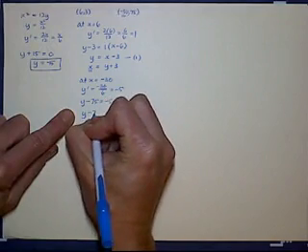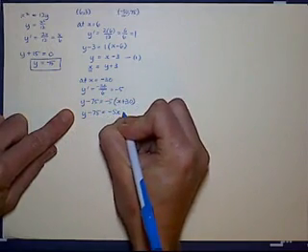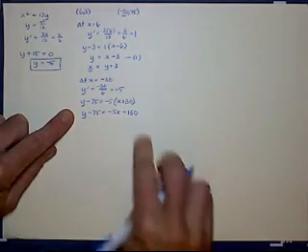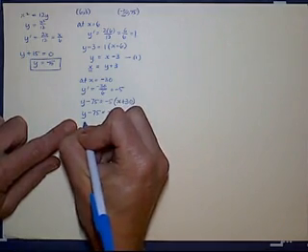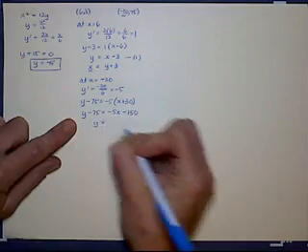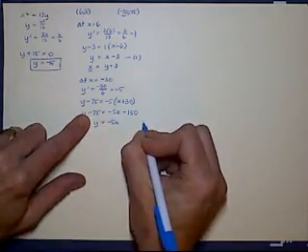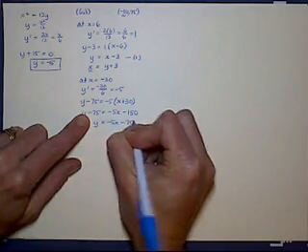So y minus 75 will equal negative 5x minus 150. We're going to add the 75 onto this side, so y is equal to negative 5x minus 75.